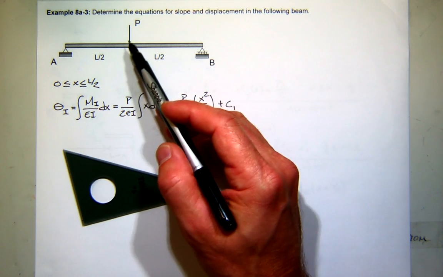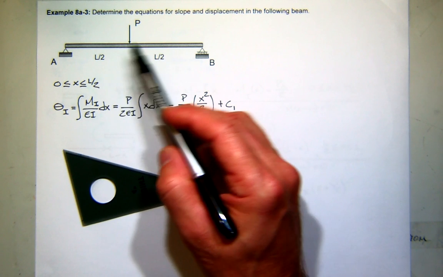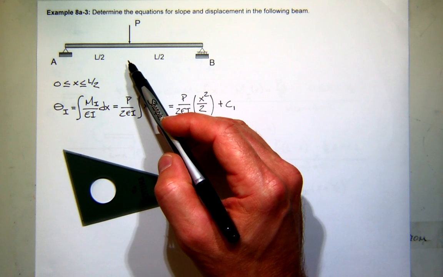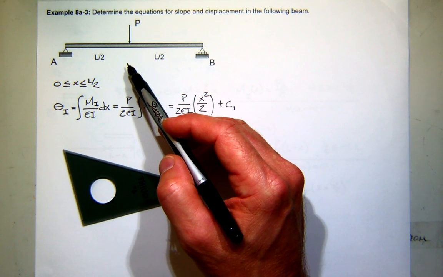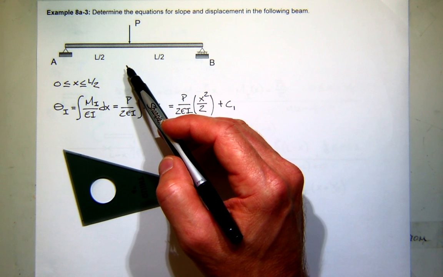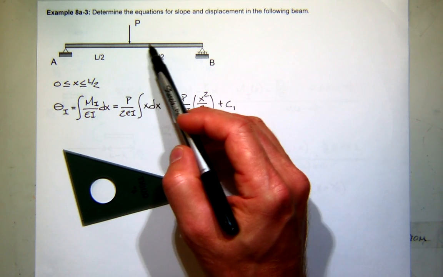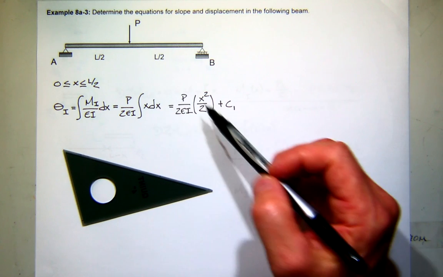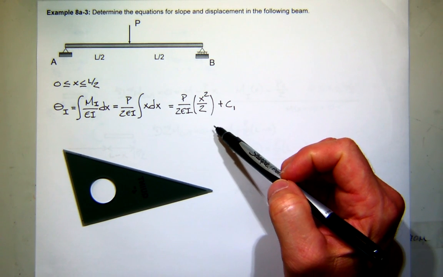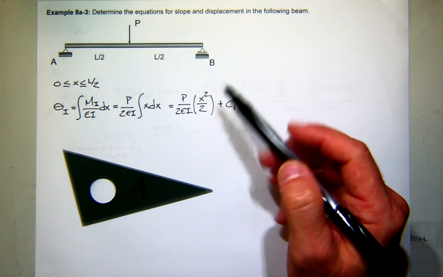Because we know since the load is right in the middle and symmetric, the maximum displacement will occur at L over 2. So the slope is 0 at L over 2. Like I said, if this force moves a little bit off center in either direction, that's not true. So I'm just going to hold on to it right now.